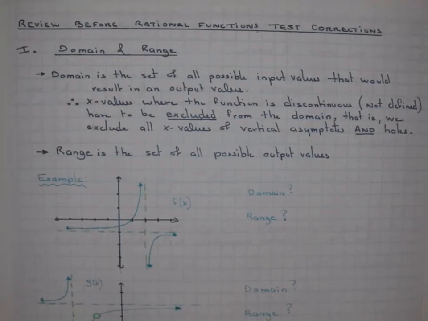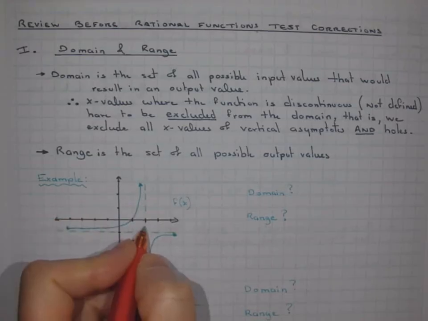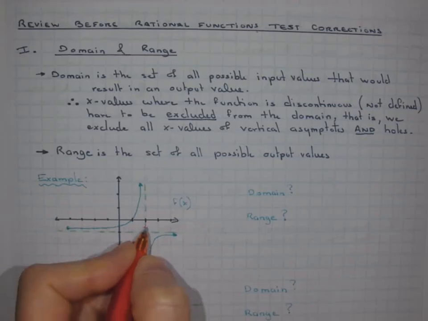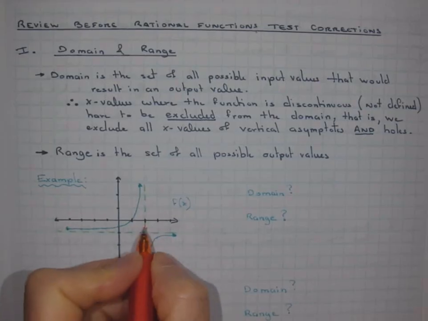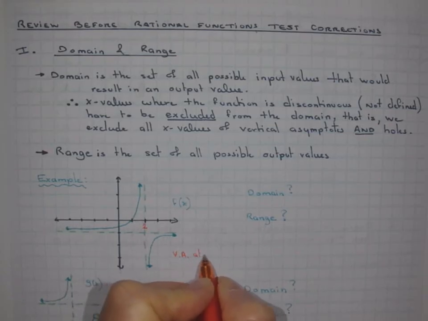Alright, so when we're looking at the first graph we have here, first we need to determine where those vertical asymptotes and holes are, if any, right? So when I'm looking at the graph of f of x here, there is definitely a vertical asymptote, and that will be at 2 here, right? So we're going to say VA at x equals 2.